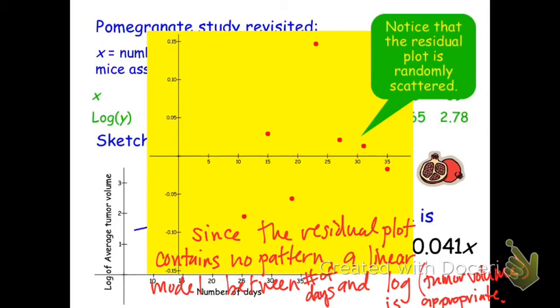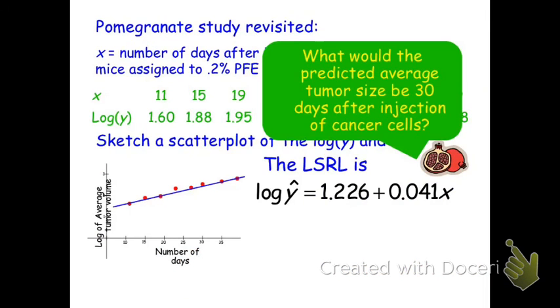So the second thing that they could ask you, 1, to interpret the residual based on the transformed, and then 2, to predict y values based on a certain x value. So the question for this example could say, what would the predicted average tumor size be 30 days after the injection of cancer cells?